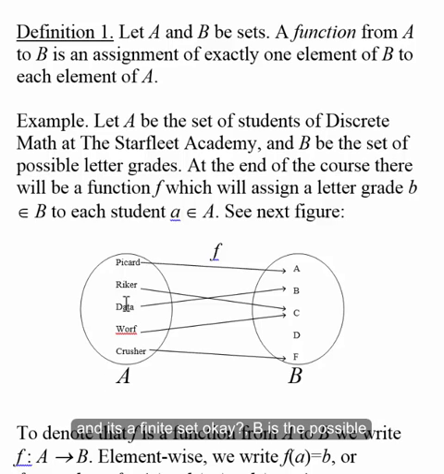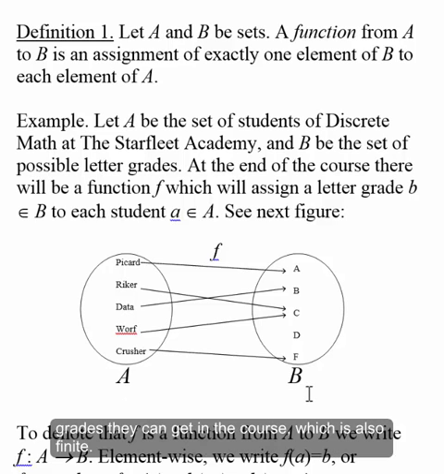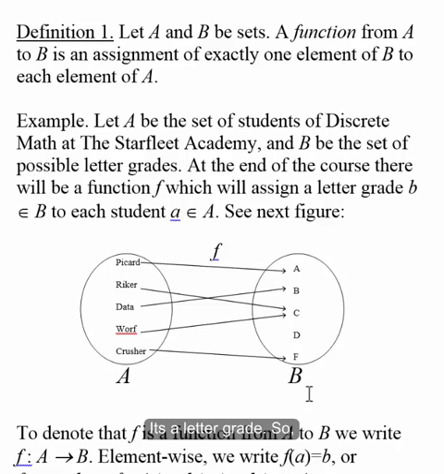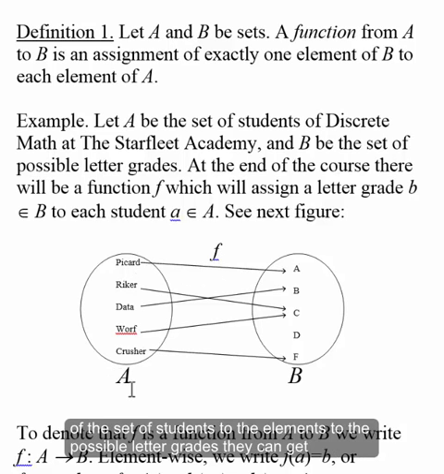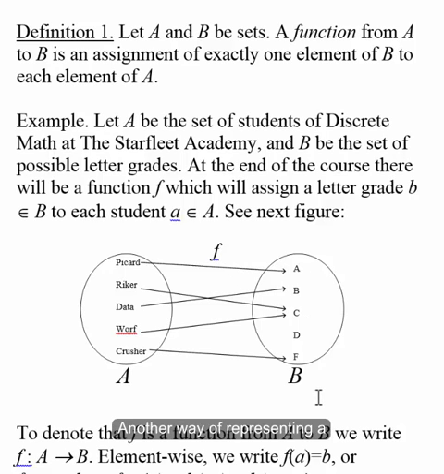It's a finite set, okay? B is the possible grades they can get in the course. That is finite as well. It's a letter grade. So the function f is the mapping that you will have for every element of the set of students to the elements of the possible letter grades they can get.